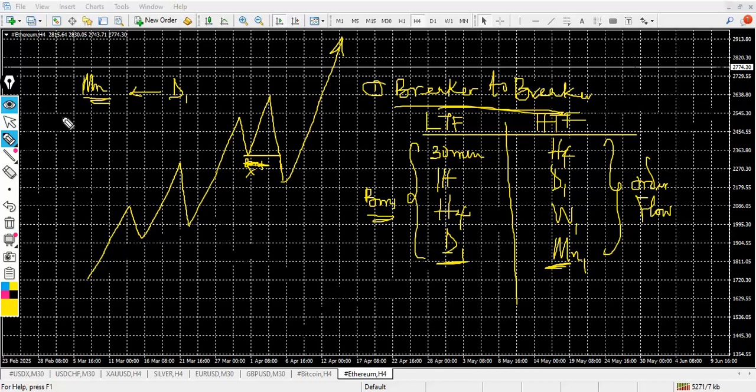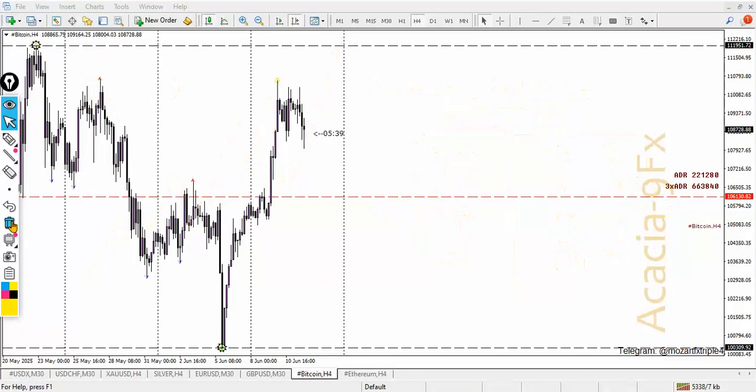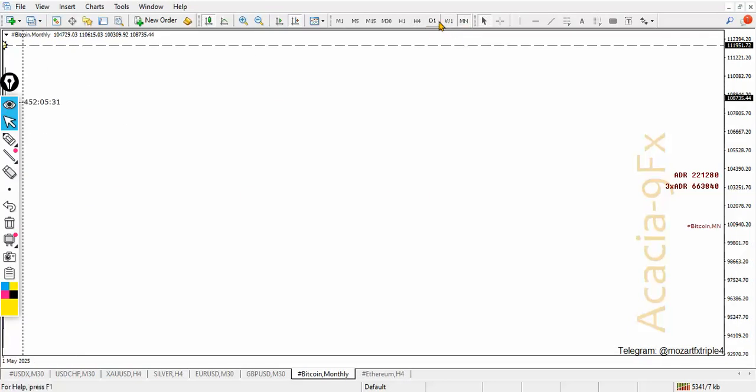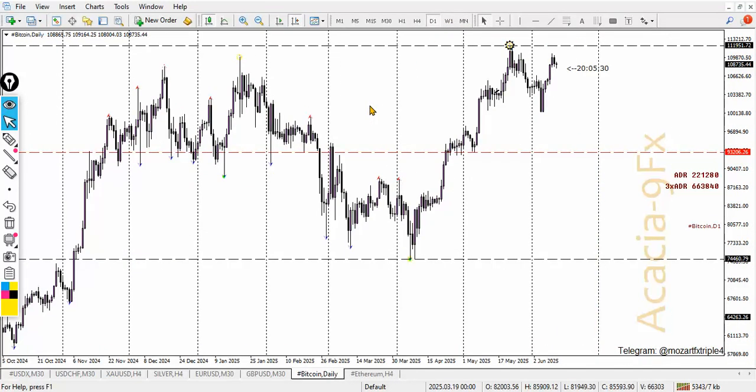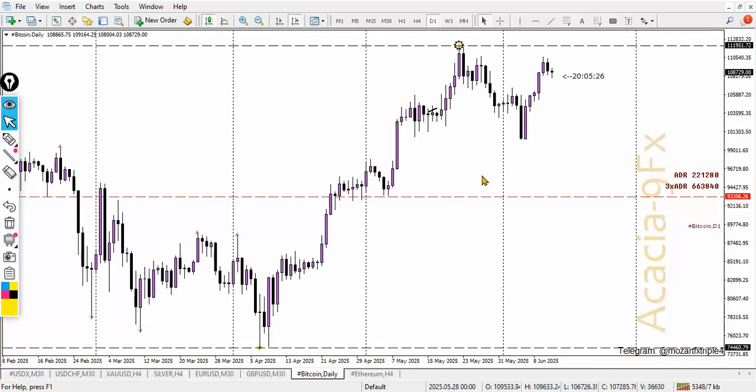I will show you an example right now on Bitcoin. Everybody will see this as break of market structure no matter what.